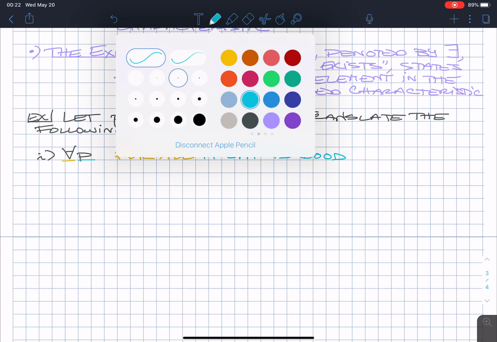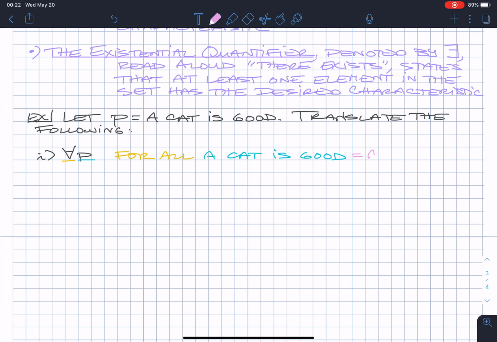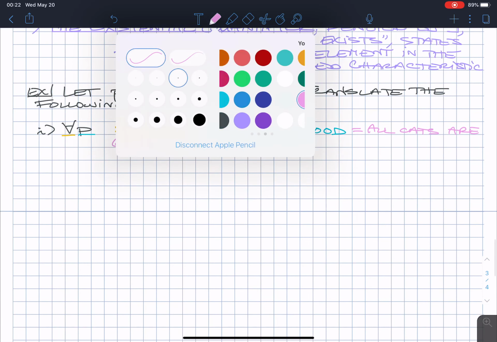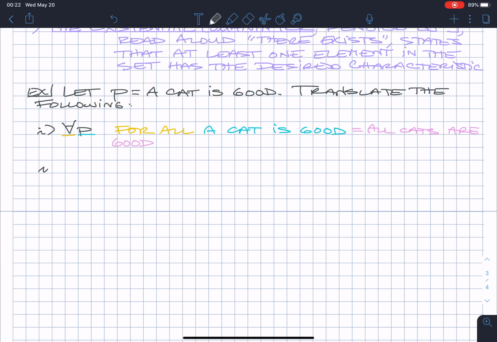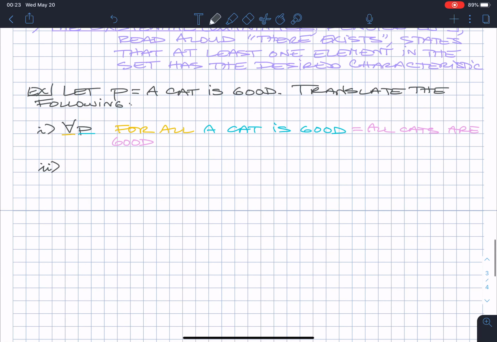If I were to translate it, all cats are good. That's what this is really saying. For all, a cat is good. So we have to translate the English to see.